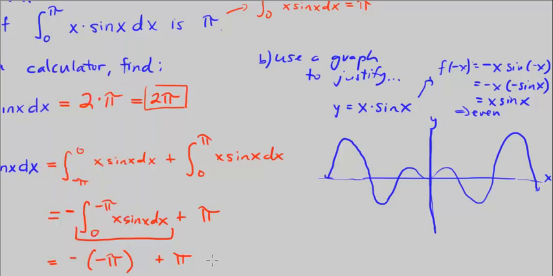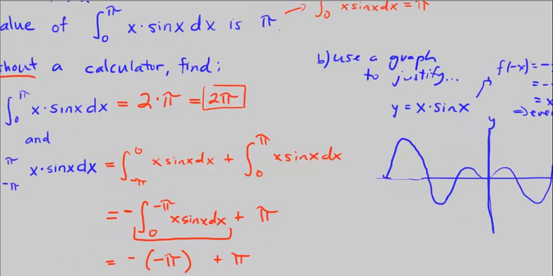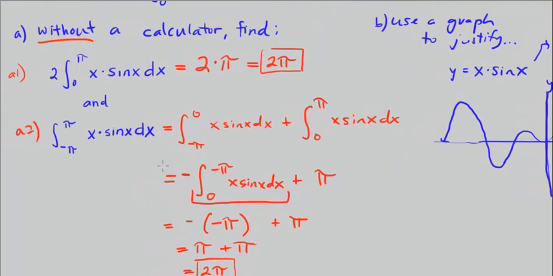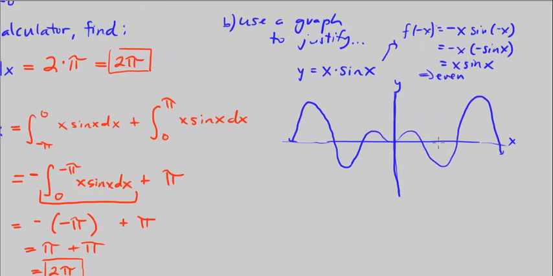Well, let's go ahead and look at part A again. Part A, remember, we're saying, well, given the information about x sine x from 0 to pi, what is 2 times it? Well, we know that that 2 is just going to vertically shift our graph by a factor of 2, right? So every point is going to be multiplied by 2.